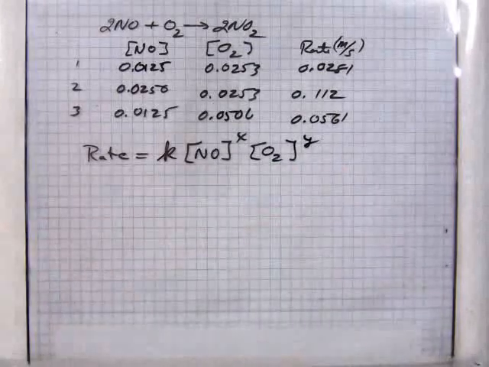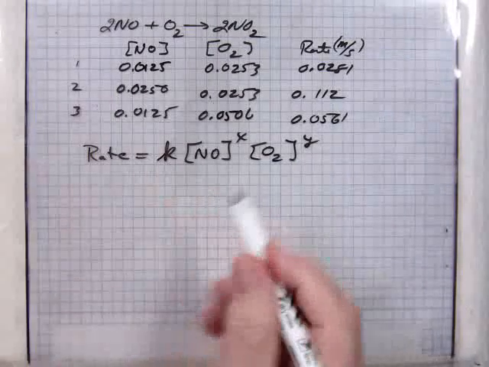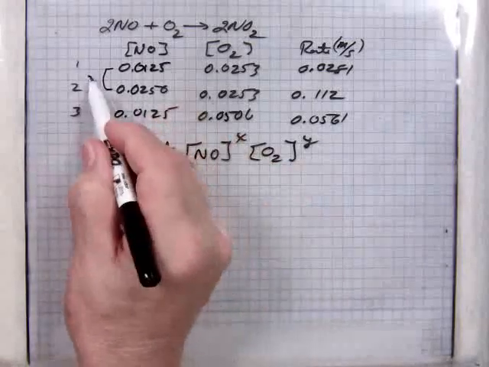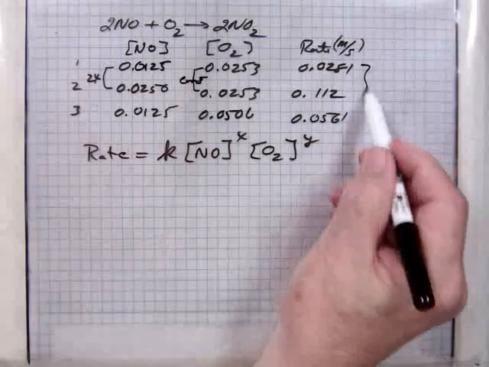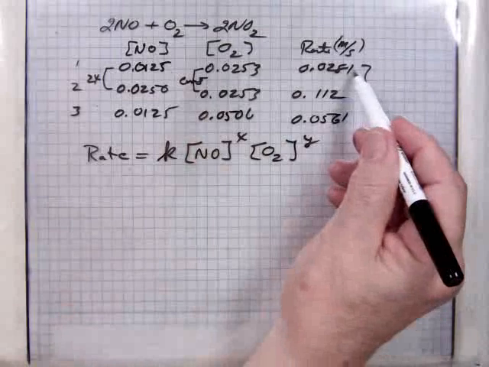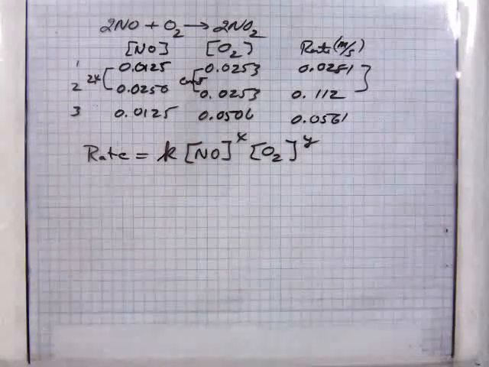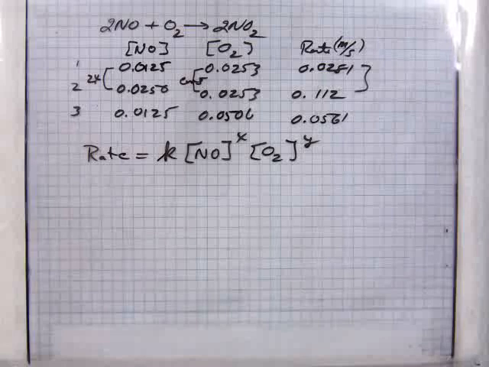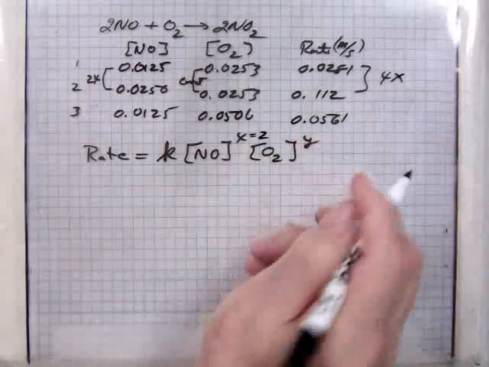We pick one to hold constant and one to vary. Looking at this, it looks like a 2x here, while this is constant. So what is the change between these two? That's the 4 times increase, so X is now a 2.